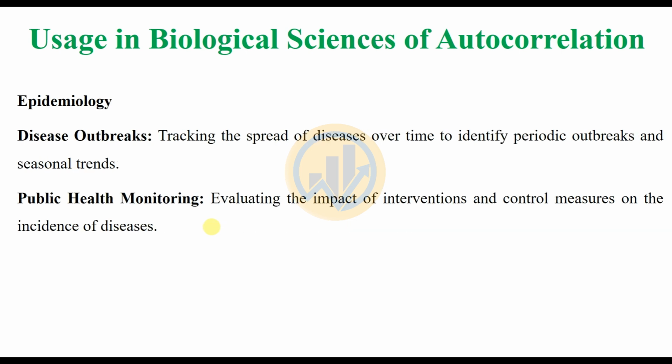Epidemiology studies: disease outbreaks, tracking the spread of disease over time to identify periodic outbreaks and seasonal trends. Public health monitoring: evaluating the impact of intervention and control measures on the incidence of disease.